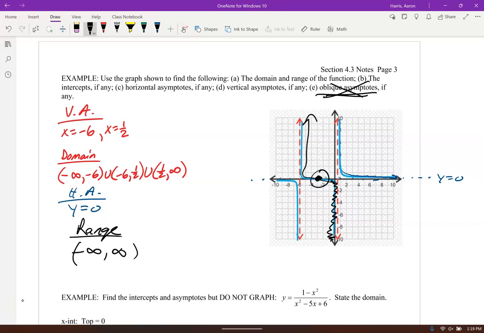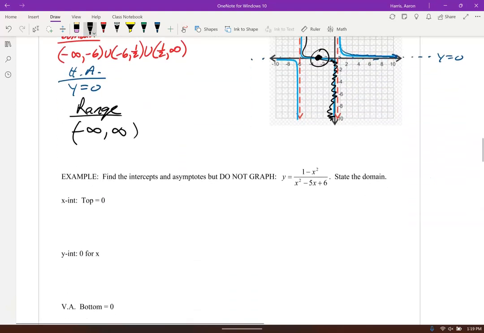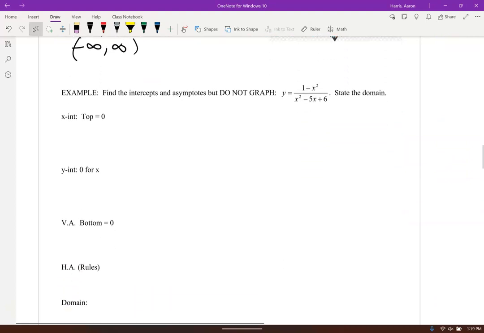All right, let's find our intercepts, both the x-intercept by letting y be 0, and our y-intercept by letting x be 0, and then let's go to our vertical asymptotes after that as well. Let's do our x-intercept first.